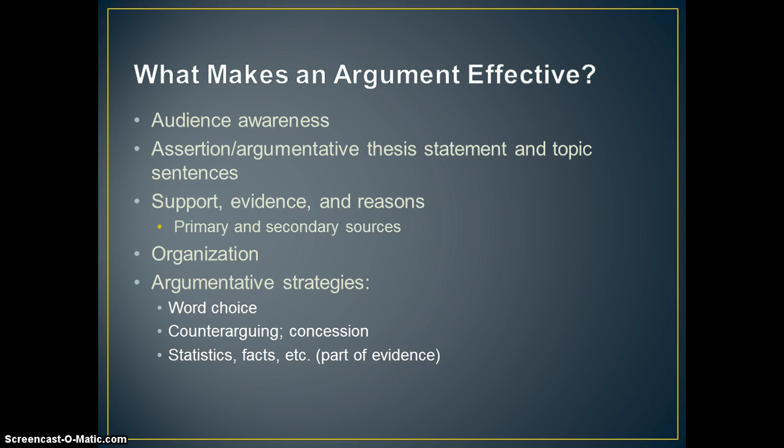So it's not really necessary that you understand the difference between primary and secondary right now, because like I say, I don't think you're going to need anything that's a primary source for this one. If I were asking you to state an opinion about a piece of art, then yes, you would have a primary source, because that piece of art would be a primary source, but you're not doing anything like that. You're just going to provide a stance on a topic and then use secondary sources to support that.